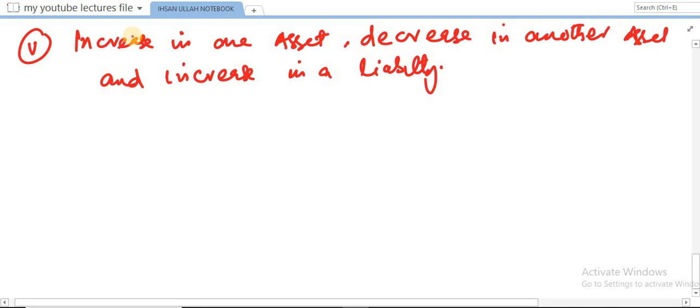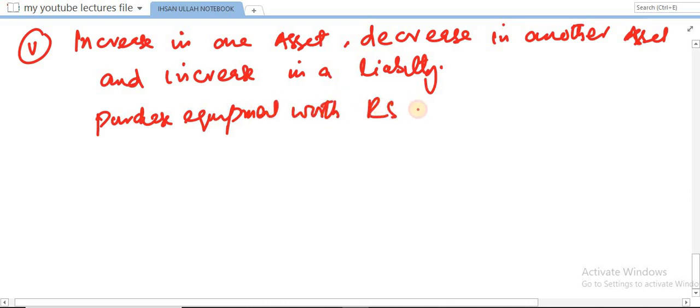We're using a hypothetical scenario, and from that we will draw the effect. Let's say you have purchased equipment worth Rs 10,000. So this will increase your asset.